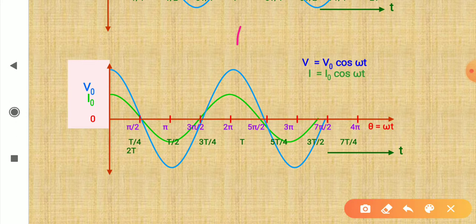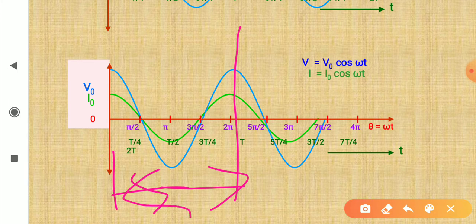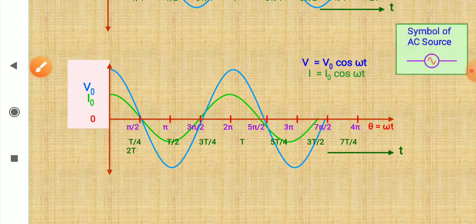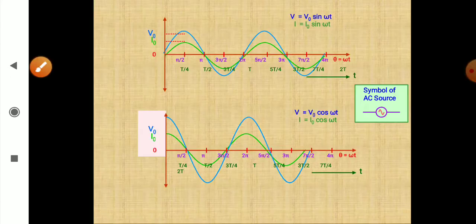So from here to here, one time period is completed, you see. This is one complete rotation, right? And current and voltage are in same phase. They are in same state of vibration. That means they become maximum together, they become minimum together, and they are in same state of vibration. The symbol used for AC.